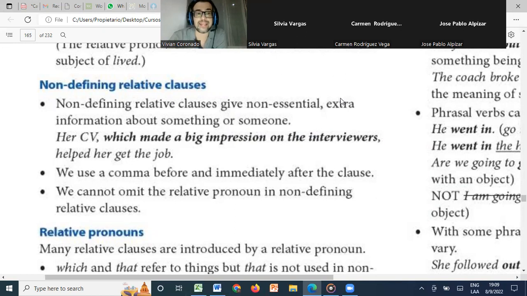For example, I can say here, her curriculum, which made a big impression on the interviewers, helped her get the job. So you see, in this case, I am giving extra information, right? But I just want you guys to write it down, hopefully, that the non-defining are always surrounded by commas. So you see here, there's a comma here, and there's a comma here, right?